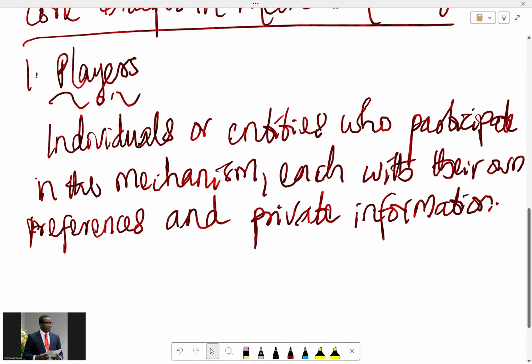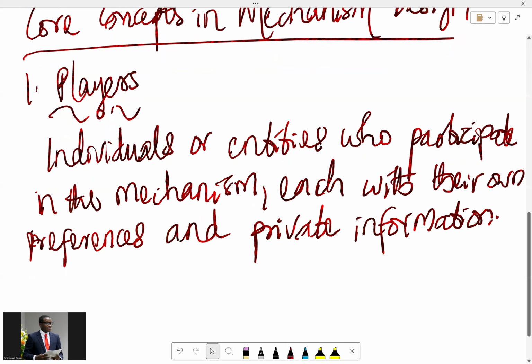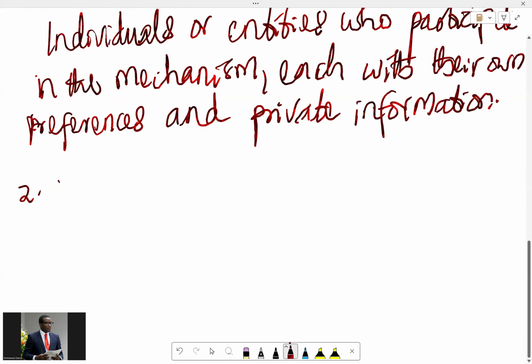Then, since we've made mention of the idea of private information, we can as well look at that. What is private information in this situation?